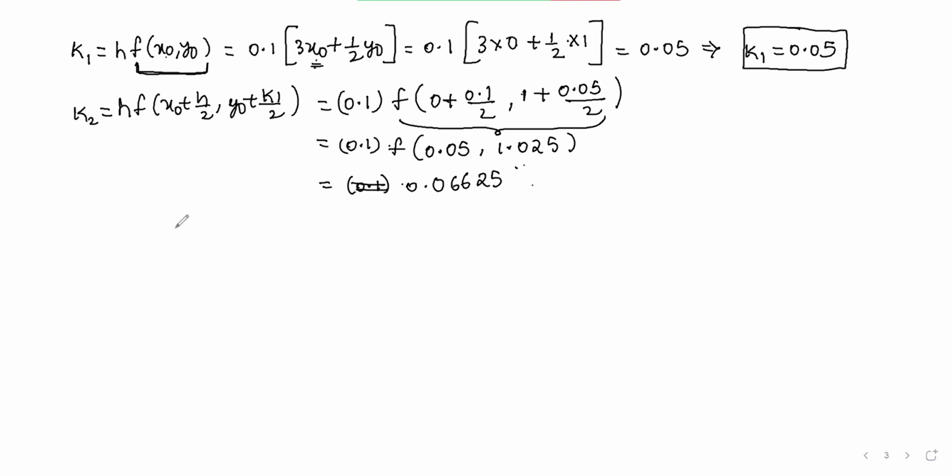0.06625. Therefore K2 is equal to 0.06625. This is the K2 value.